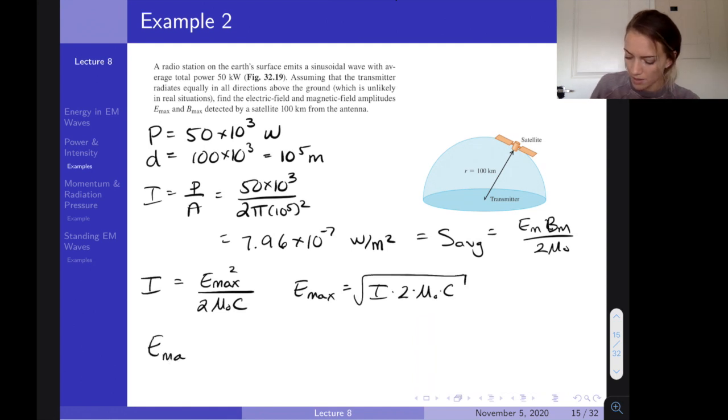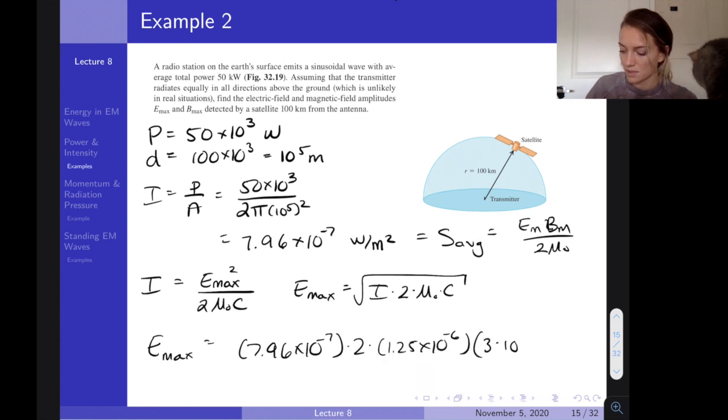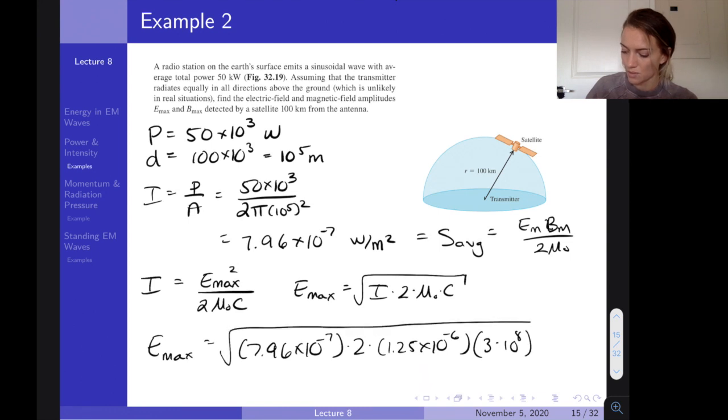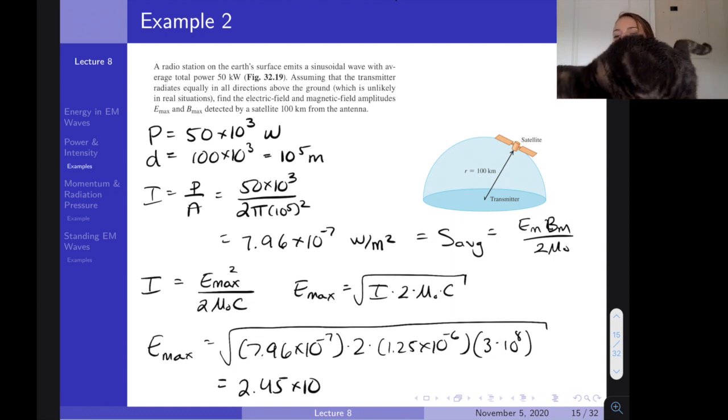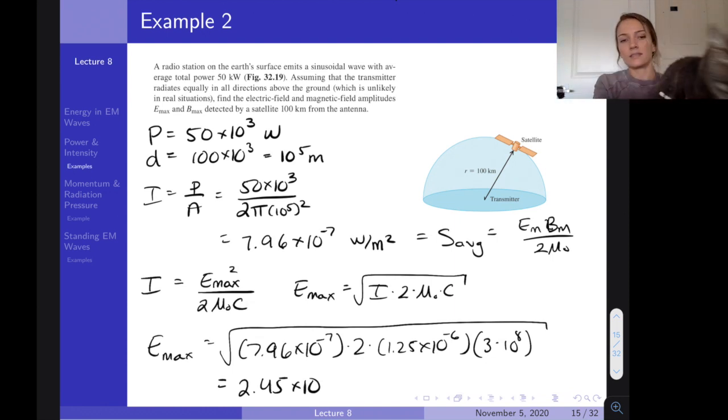For Emax, we'll have 7.96 times 10 to the negative 7 times 2 times mu naught, which is 1.25 times 10 to the negative 6, and then 3 times 10 to the 8, square root, and that comes out to 2.45 times 10 to the negative 2 volts per meter.